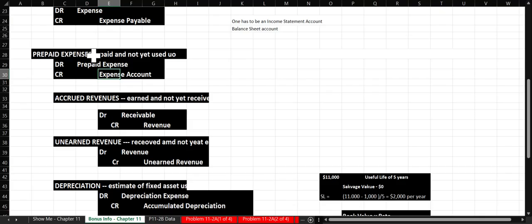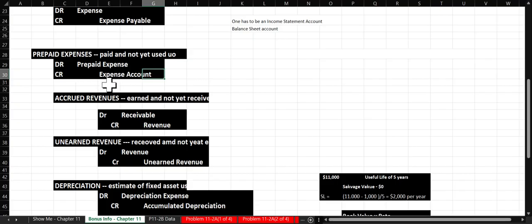So any type of prepayment, it could have been office supplies that we bought and we haven't yet used all of it. So we would debit the supplies account and credit our office supplies expense, assuming that it was originally recorded as an asset.